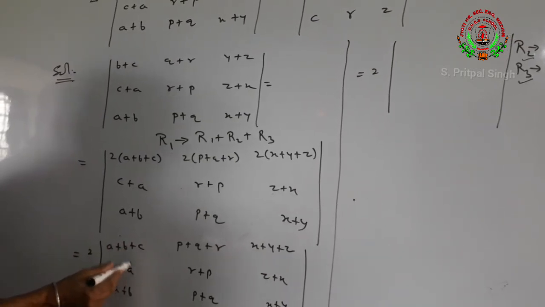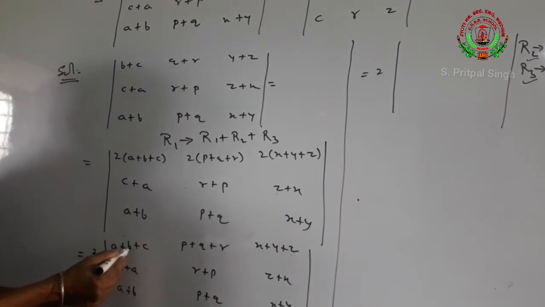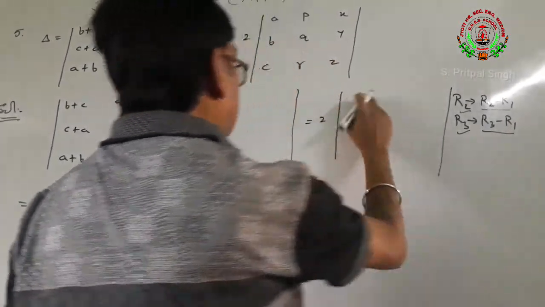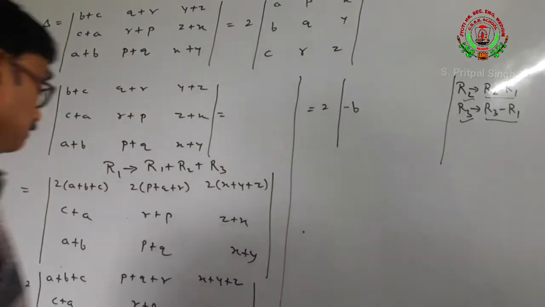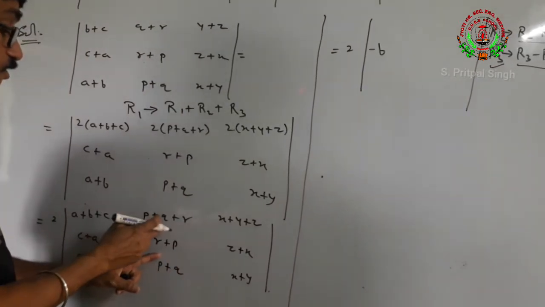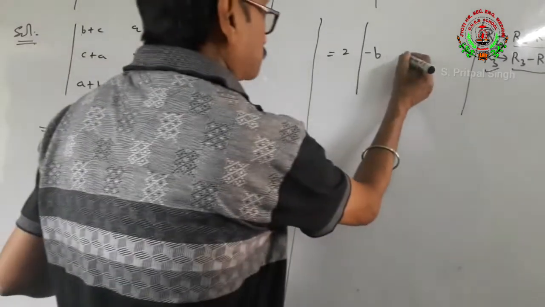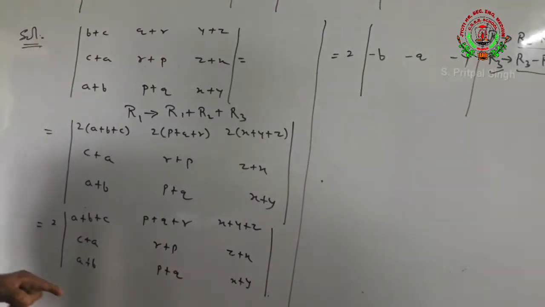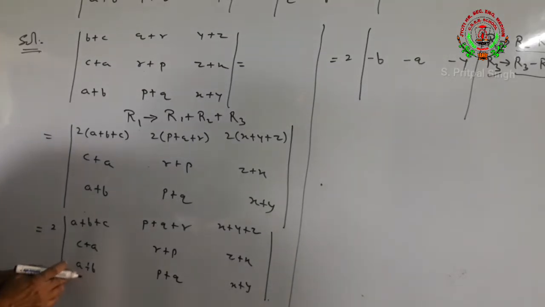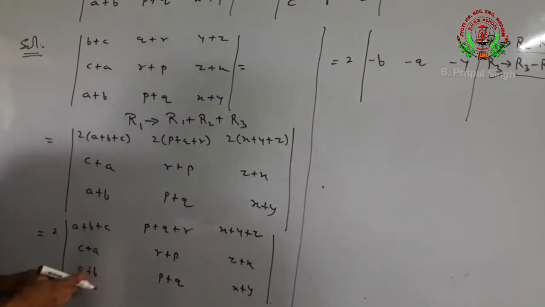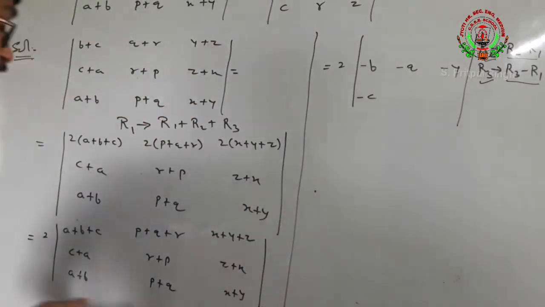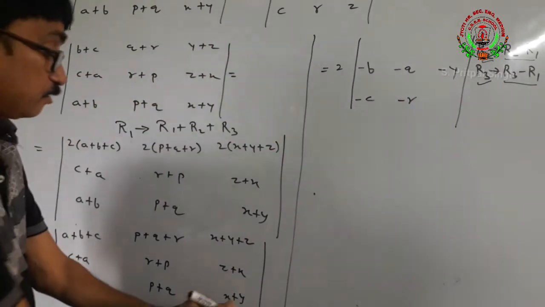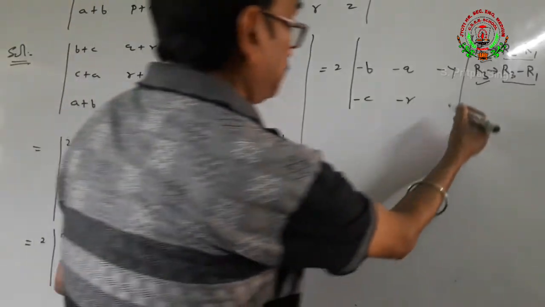So C plus A minus B minus C, we are left with only minus B. So R2 will change to minus B, and here R plus P minus Q minus R, we are left with minus Q, and here we will be left with minus Y. In the same way, R3, I am going to change R3 minus R1: A plus B minus B minus C, so we are left with R3's first element, minus C, and here second element of R3 minus R, and the third element of R3 will become minus Z.